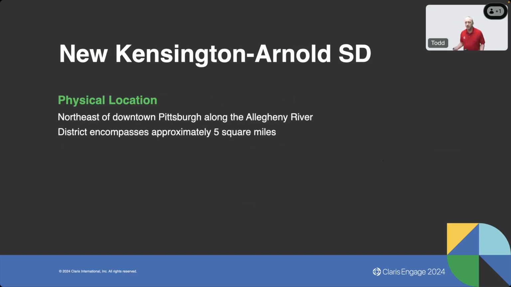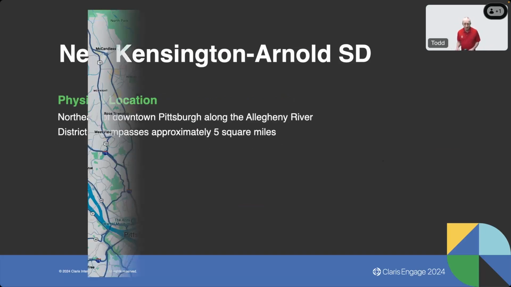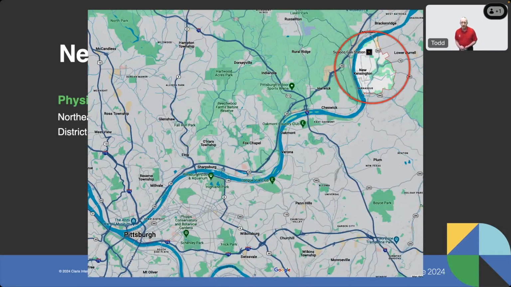The district encompasses approximately 5 square miles, so it's not a huge district by most standards, but regardless of the size of the school, any school is going to be able to benefit from having this type of technology in place for their tech department. Here's a map showing you the school is approximately a 19-mile drive from downtown Pittsburgh at PNC Park, which is the home of the Pittsburgh Pirates, to get up to the high school.